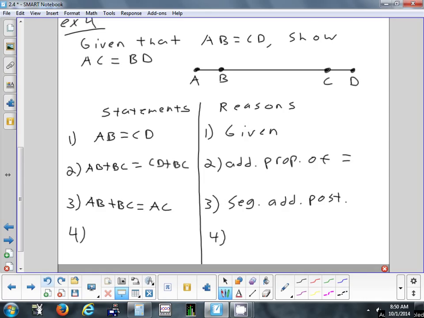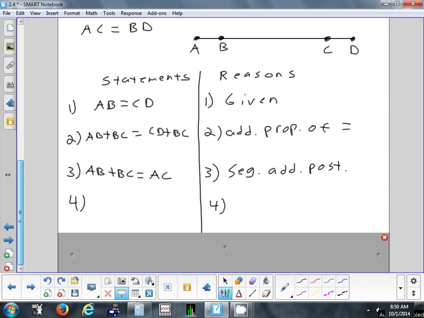Well, if I did it once, I can also do it again. Look at the other side. CD plus BC. Couldn't you do it the other way around also? Yeah, you could have done this other side first. There's a couple ways you could do it.